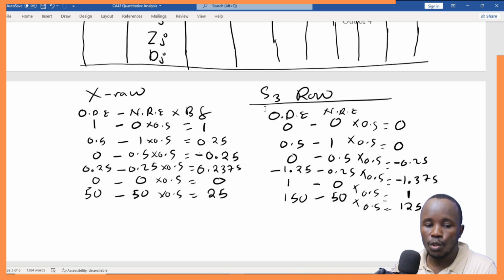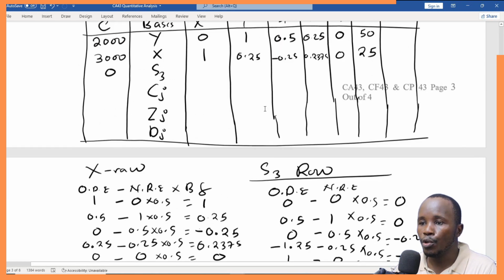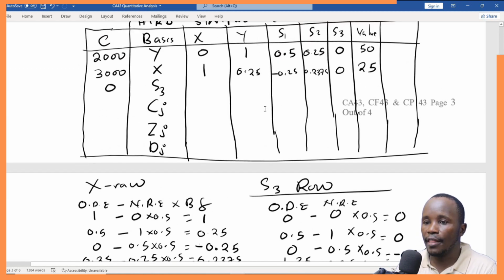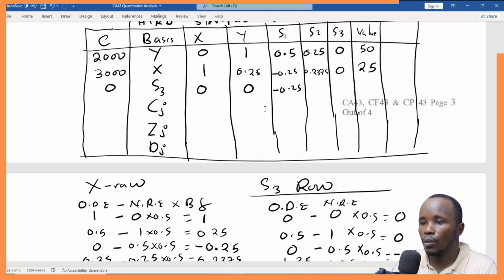Transfer this to your new row. I'm having 0, 0, negative 0.25.